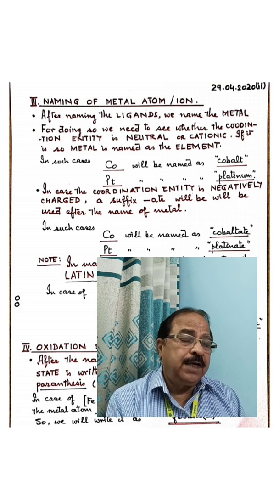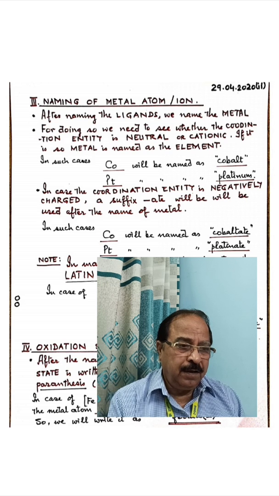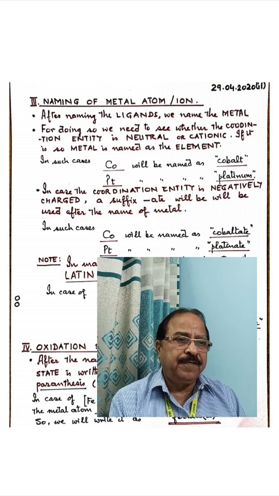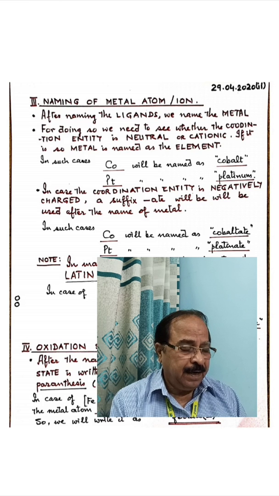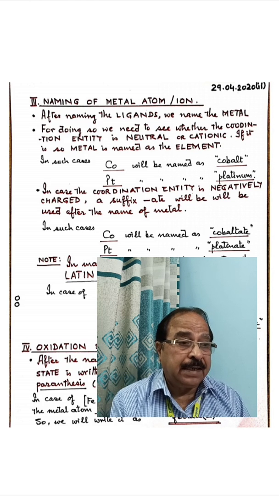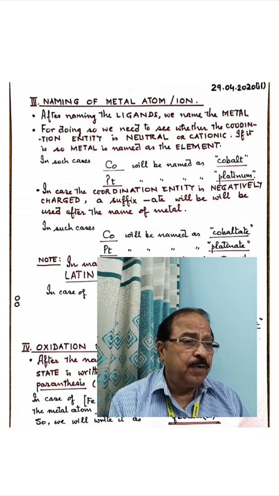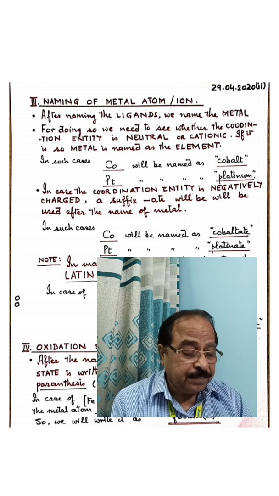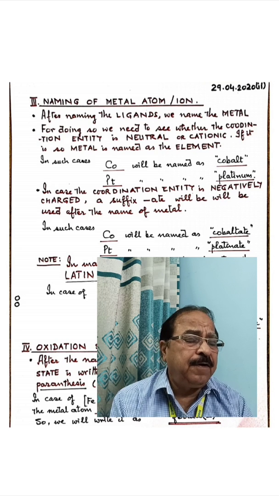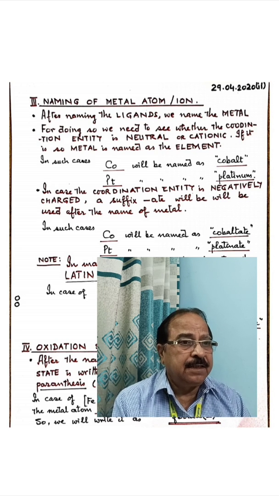So if the coordination entity is neutral or it is carrying a positive charge, we have to simply write the name of the metal atom. And we don't have to use a capital letter anywhere. We have to write the whole name in small letters. Okay, so we will write the name of the metal as such.